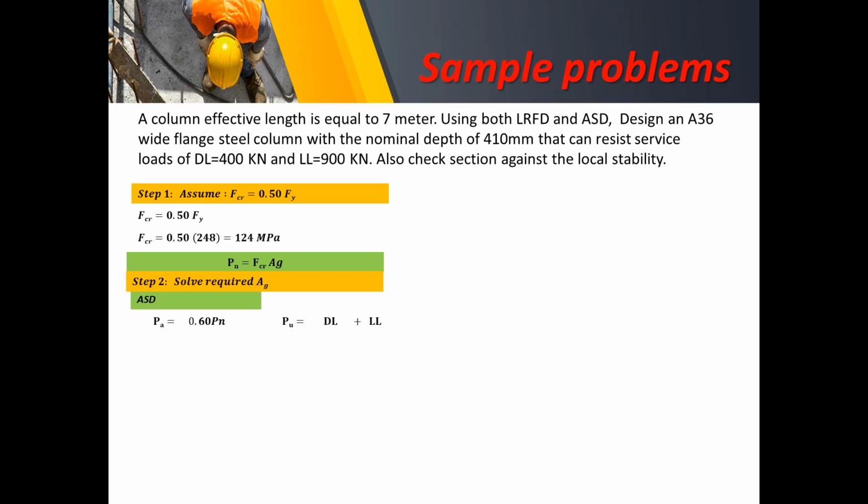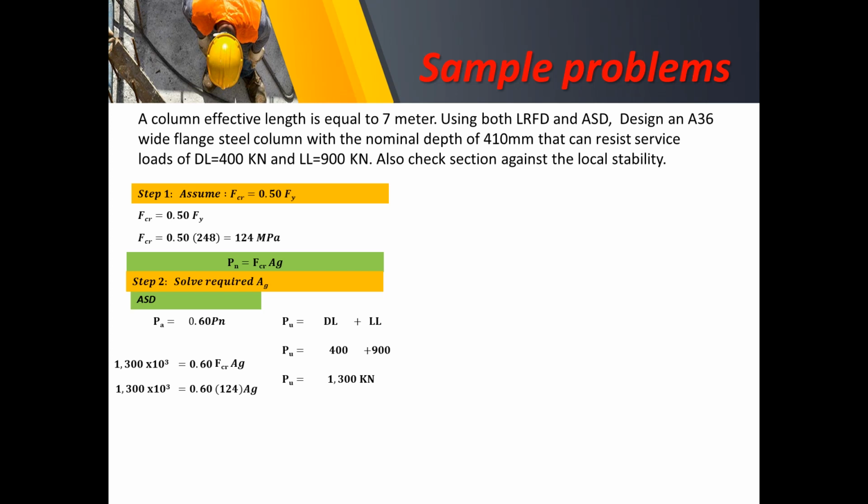We do not have any factored loads, so it is simply the sum of your loadings, 400 plus 900, that is equal to 1,300 kilonewtons. That will be equated to 0.6 of Pn, wherein Pn is Fcr times Ag.